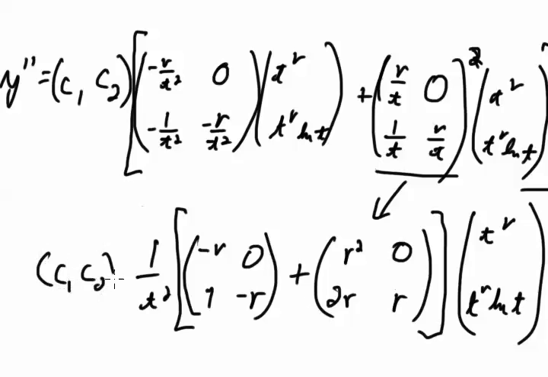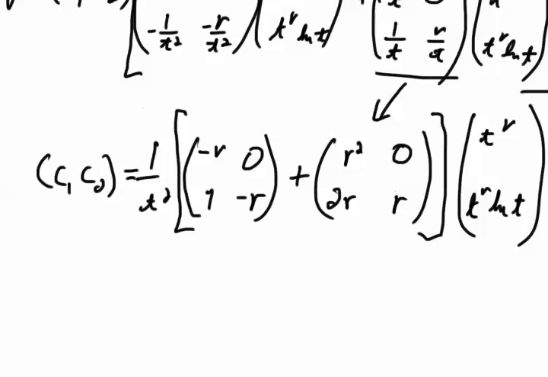And our final form, it shouldn't be equal, should it? It should be c1 c2 times, and we'll have y double prime equals this.